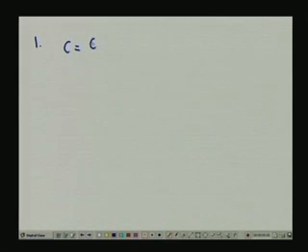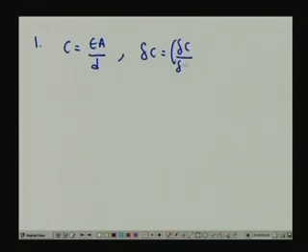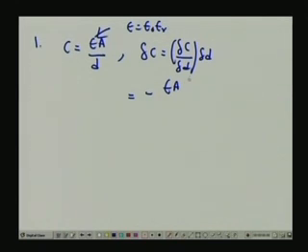C equal to epsilon A by D, or delta C equal to delta C by delta D into delta D, which we can write quite obviously as minus epsilon A, where epsilon, please note, is epsilon naught into epsilon r, epsilon A by D square into delta D, with first order approximation.